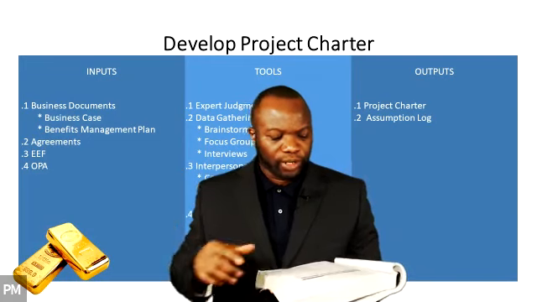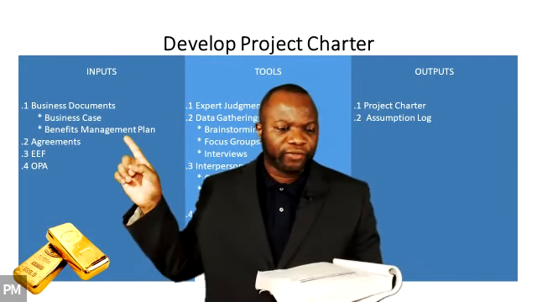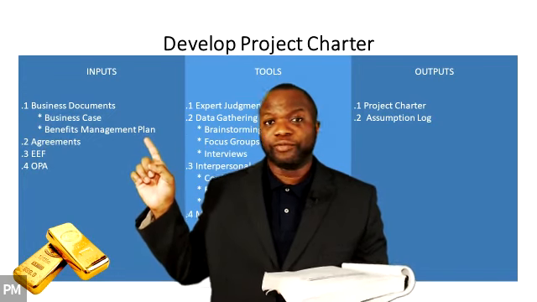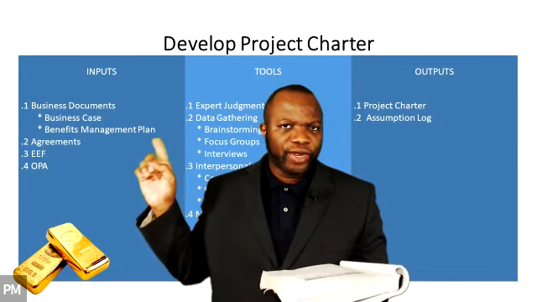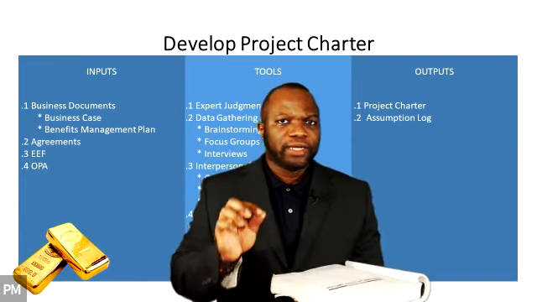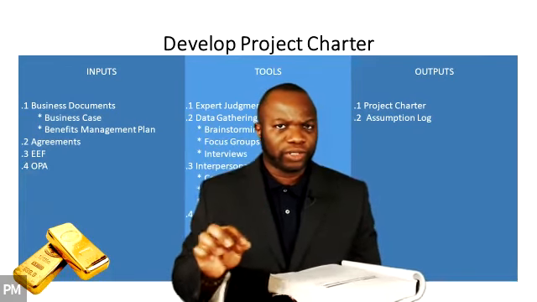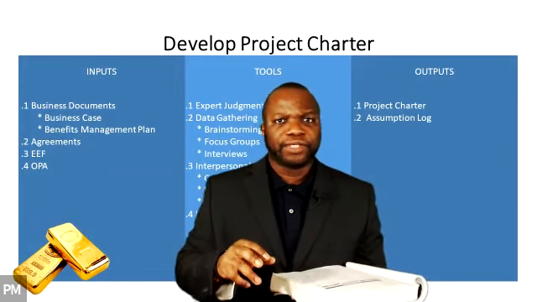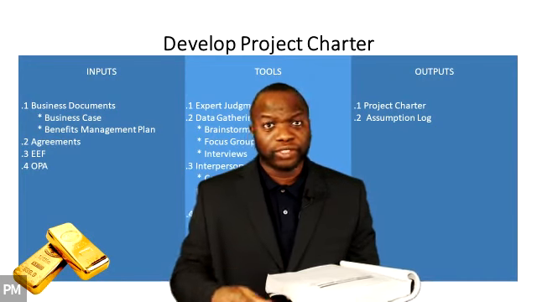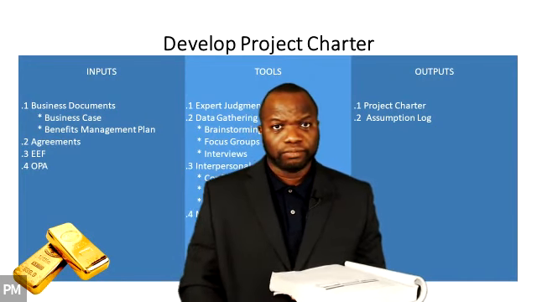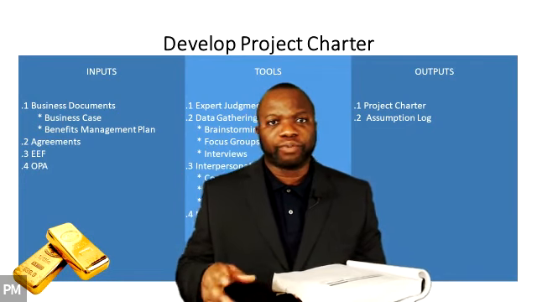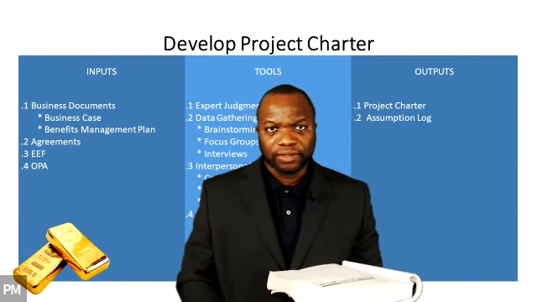For example, in my copy, I have the benefits management plan as a second bullet, but some of you will not. But the reason why I have left this there is because the benefits management plan is a key part of project management today. It's a plan that talks about the benefits that you'll get from the project. And it tells you when the benefits of the project will be realized.